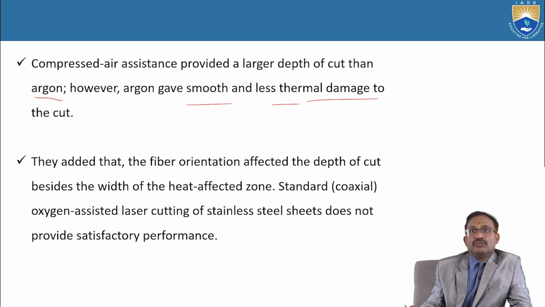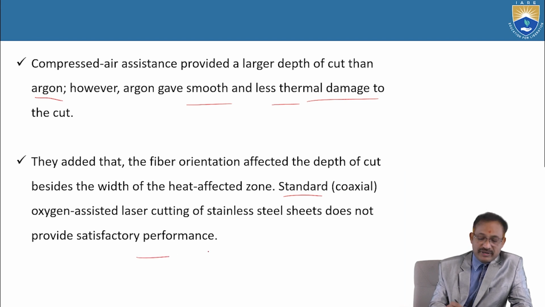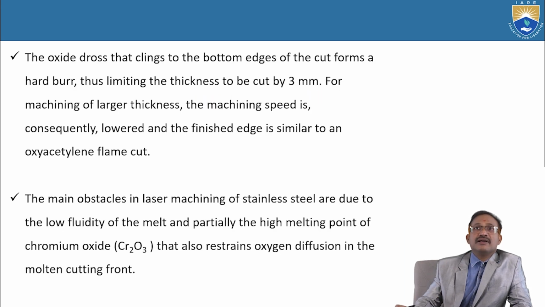Okay, standard oxygen assisted laser cutting of stainless steel sheets does not provide satisfactory performance. The oxide dross that clings to the bottom edges of the cut forms a hard bar, thus limiting the thickness to be cut to 3 millimeters.